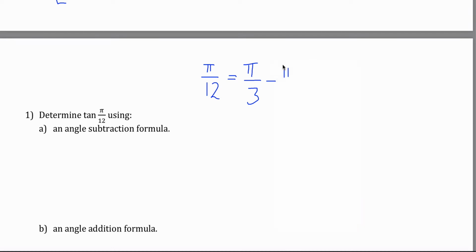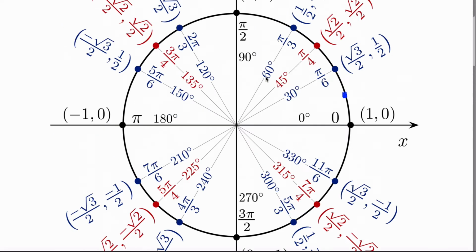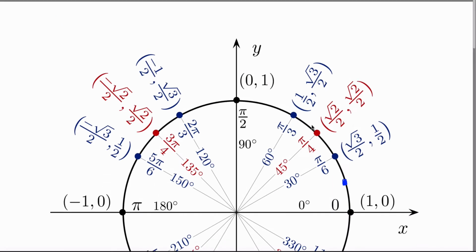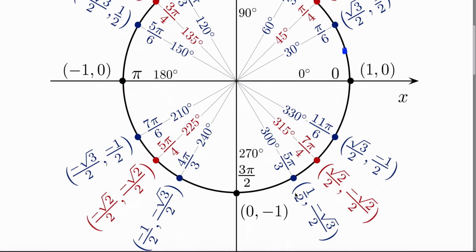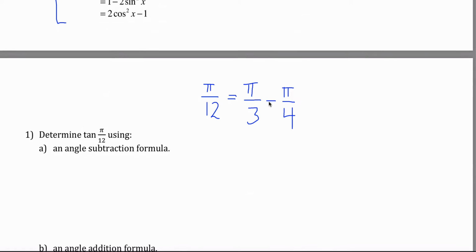And if you come to that realization, then you can use this angle subtraction formula because you know all about pi over 3 and pi over 4, right? Those are 2 values that you have memorized off your unit circle, this guy here and this guy here. So if you can pick 2 angles that you know stuff about, then you can find information about an angle that's the difference of those 2 angles.